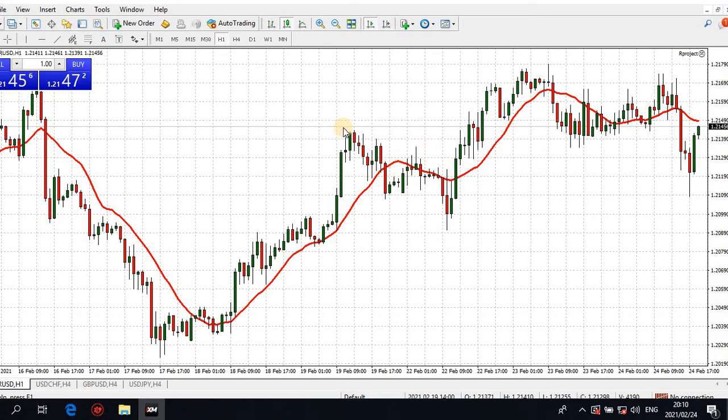Okay, the moving average. Those people who are saying the moving averages are lagging, I don't know where they are trading. I don't know where they are getting this information, because now you can see we have a chart here, and you can just see everything. You can see even here the moving average was ahead of the market.